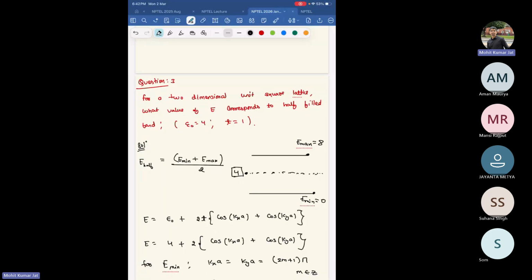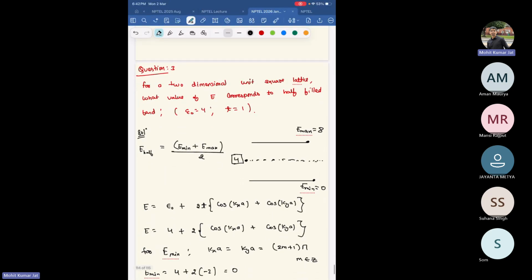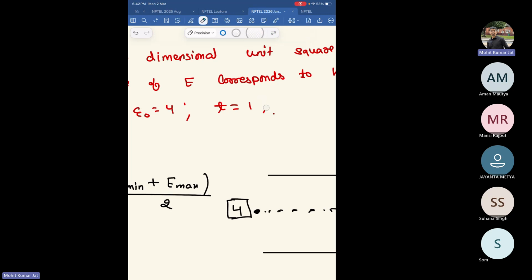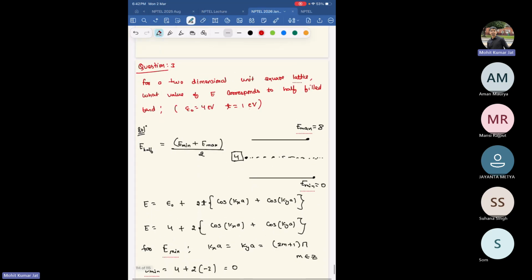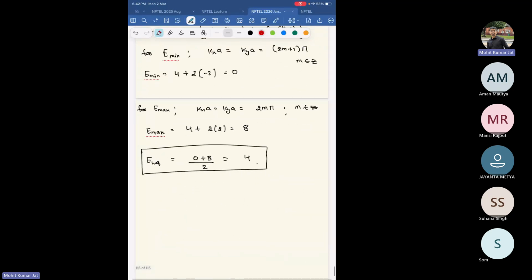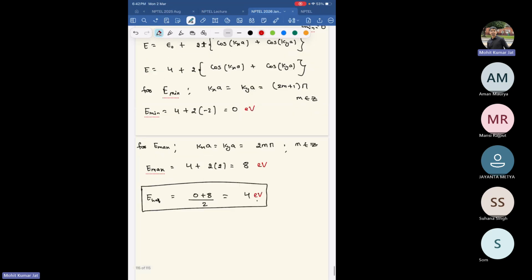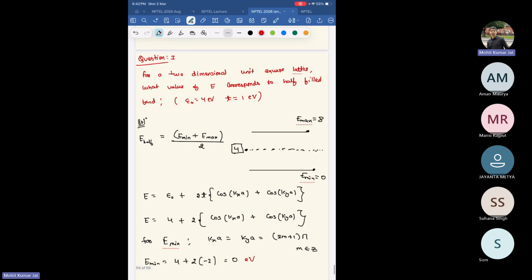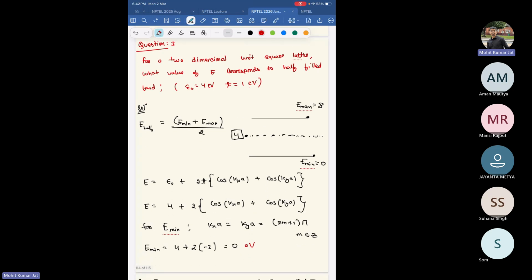Generally, the values are in electron volts, but since in the question the units of the hopping parameter t are not given, I won't say it's in electron volts. But if I modify the question so that t is in electron volts, E naught is 4 electron volts and t equals 1 electron volt, then yes, this value will also be in electron volts.